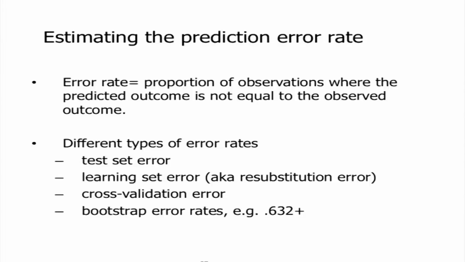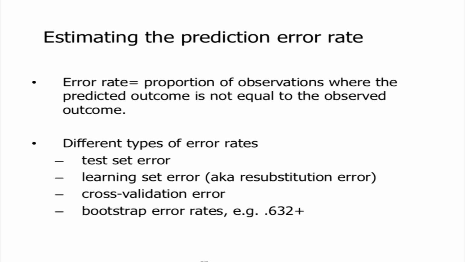So how do we estimate the prediction error rate, or what is the error rate? Well, the error rate is, of course, just the proportion of observations where the predicted outcome is unequal to the observed outcome, where you got it wrong. Now, there are different types of error rates. There's the so-called test set error rate, and that is calculated by having a second independent data set available.